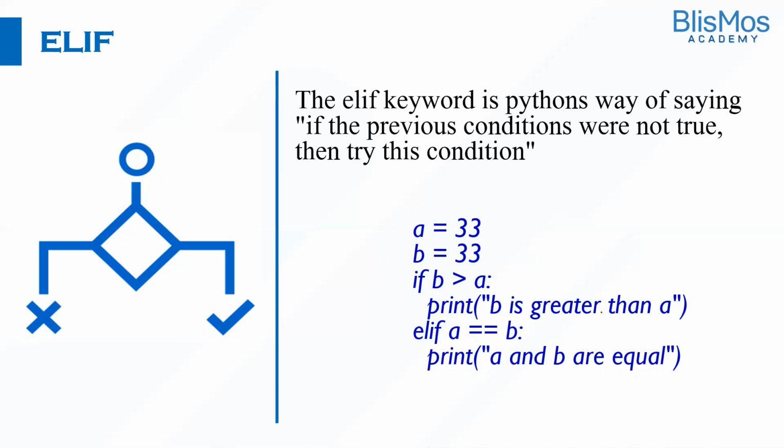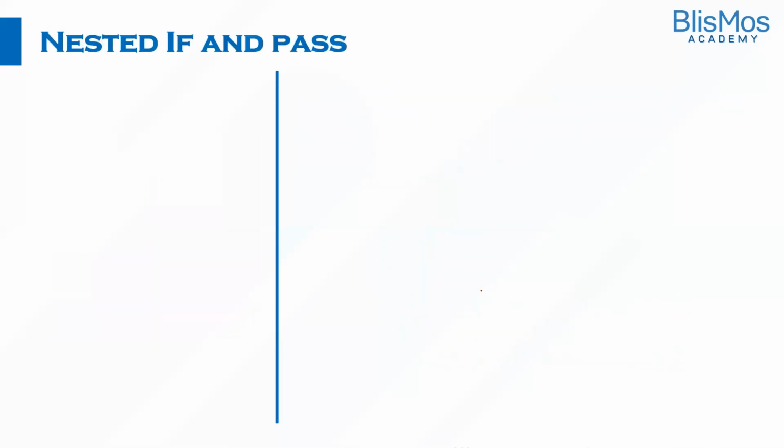In that case, we may need to have multiple conditions. In that case, we can use else if, which is also called elif. If the previous conditions were not true, then try these conditions. That is where else if comes into the picture.